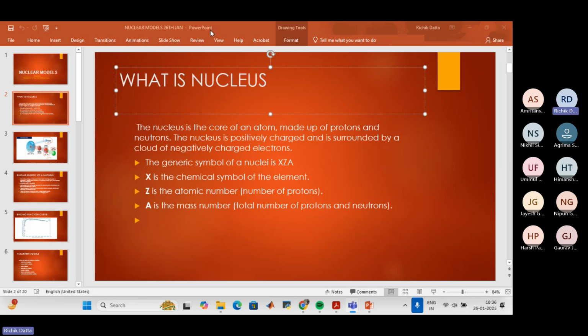So what is the number of protons in oxygen 16 8? Can anyone guess how many protons are present in this isotope of oxygen?